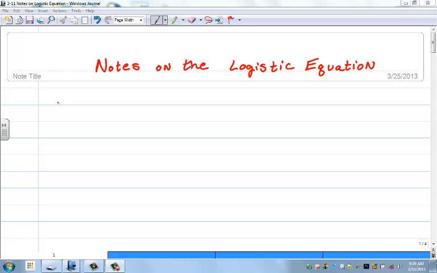So the simple model for population growth is what this logistic equation comes from. So I'm going to start with that.